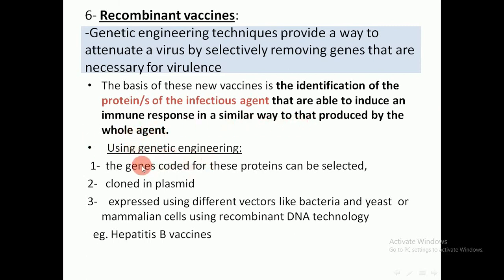Using genetic engineering, the genes coding for those proteins can be selected, cloned in a plasmid and then expressed using different vectors like bacteria such as E. coli, or yeast, or mammalian cells, using recombinant DNA technology. The best example is the hepatitis B vaccine.